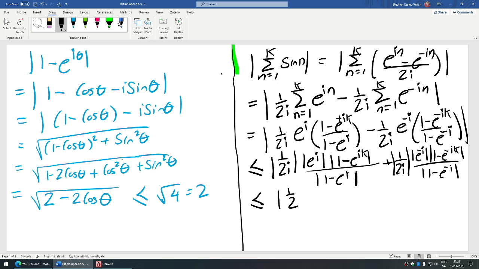So what I can do is just say that this is 1 over 2, this is 1 over 2. That's 1. That's at most 2. And then the same thing here, 1 over 2, 1, at most 2. And each of these will be over this here when theta is 1.